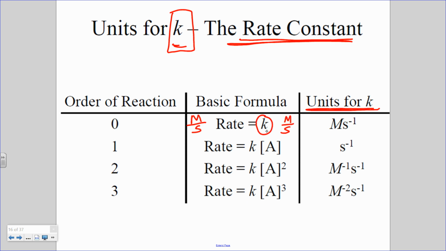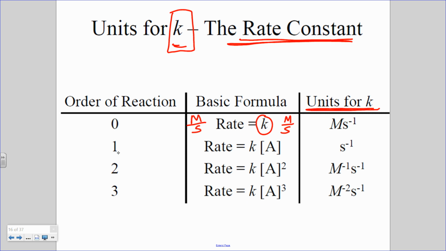Since there's only one thing on this side, its units have to be molarity per second, which is written M s to the minus 1. This is harder to write in a typewriter or computer program than this. This is easier to type out.